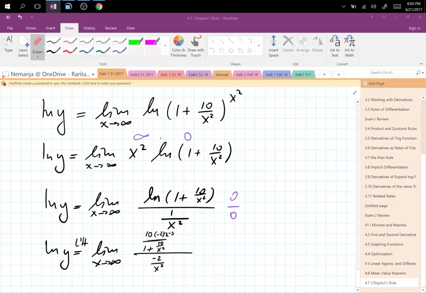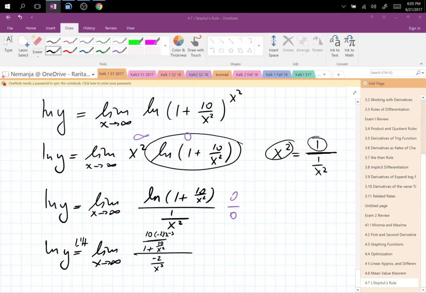So I'm writing x squared as 1 over x squared. So this 1 is in line with x squared, which is in line with this, and multiplies it. And then these guys are just these.